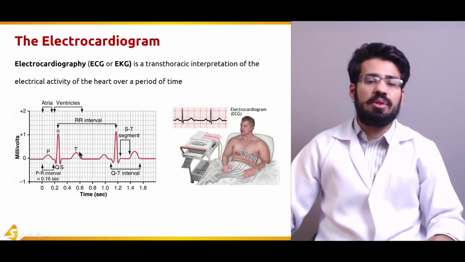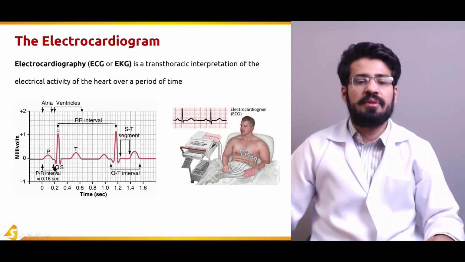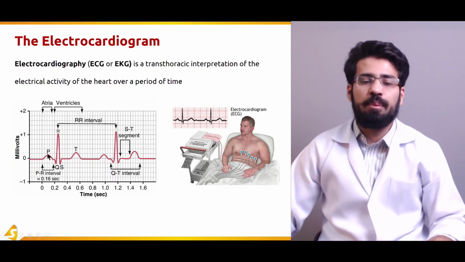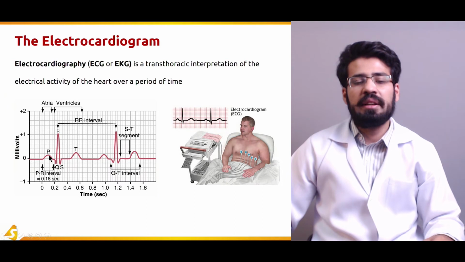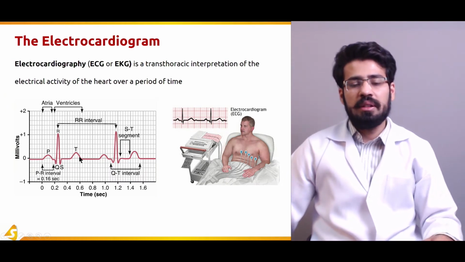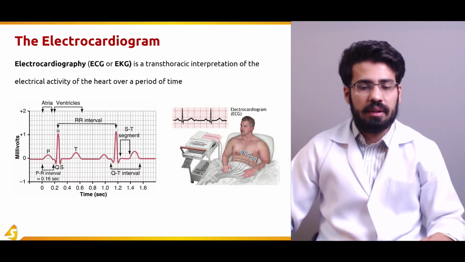And this phase is known as the ventricular systole. This phase is known as the atrial diastole. Now the P peak is showing basically the atrial diastole, and the T is showing the ventricular systole, the contraction of the ventricle.